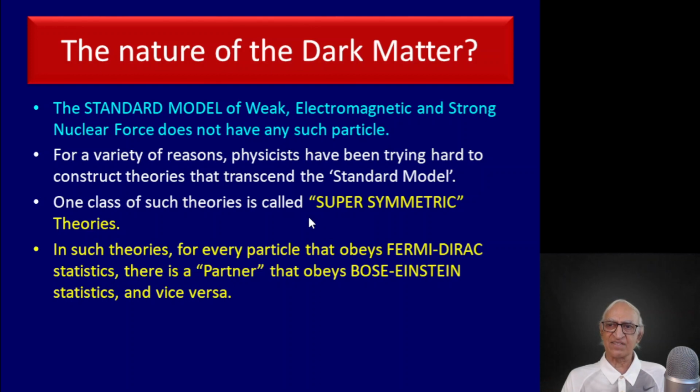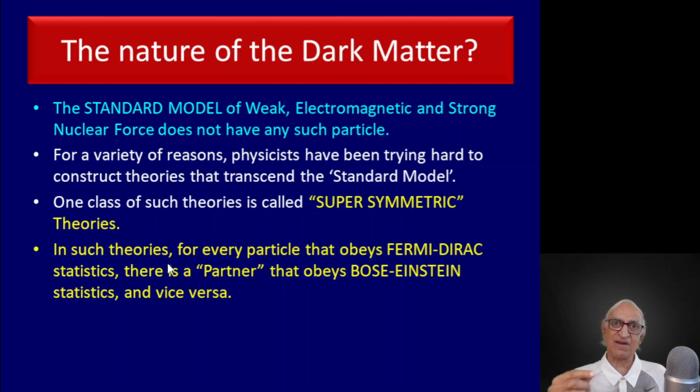In such supersymmetric theories, for every particle that obeys Fermi-Dirac statistics, like the electron, proton, neutron, and so on, there is a supersymmetric partner particle that obeys Bose-Einstein statistics. And vice versa.